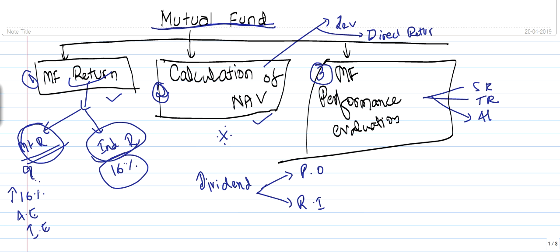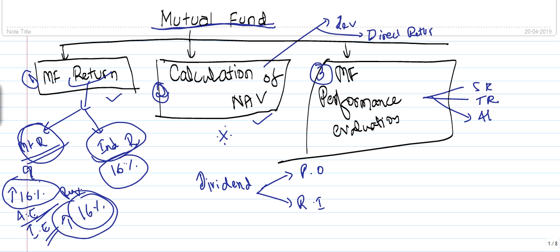It should be more than 16%. Why? It has annual recurring expenses as well as initial expenses. So in common sense, the required mutual fund return should be more than 16%.